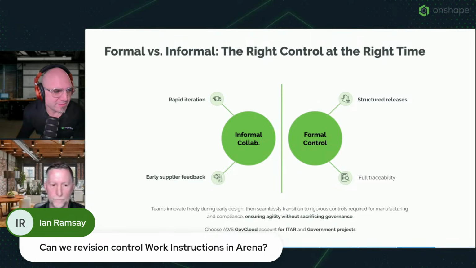Here's another one. Can we rev control work instructions in Arena? In Onshape, you would create a work instruction that has models and assembly instructions, and that would certainly be possible to send into Arena, but I don't know if there's anything special. Absolutely.